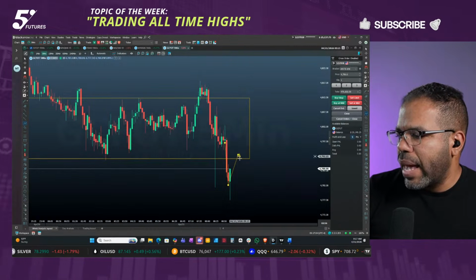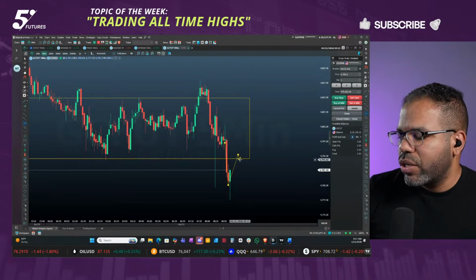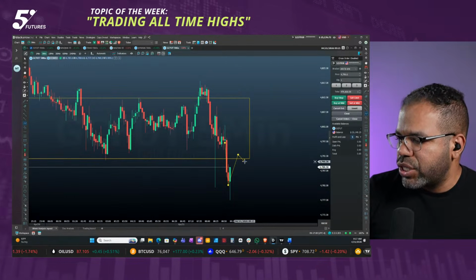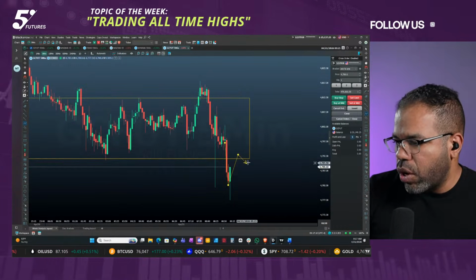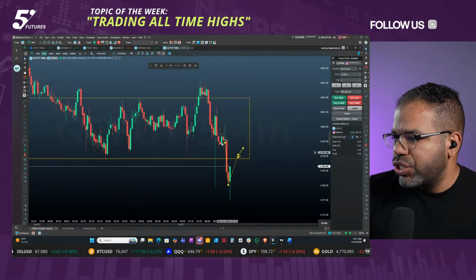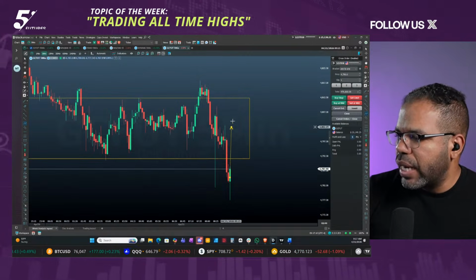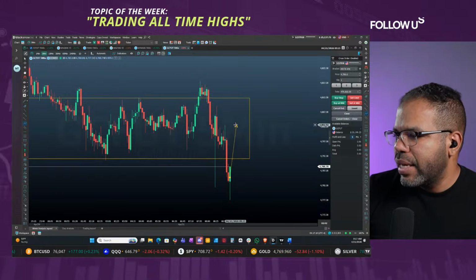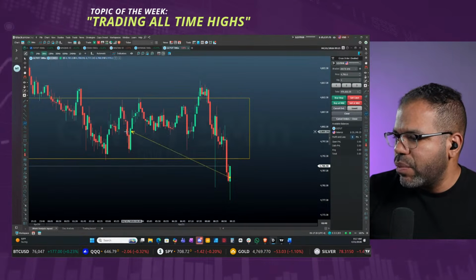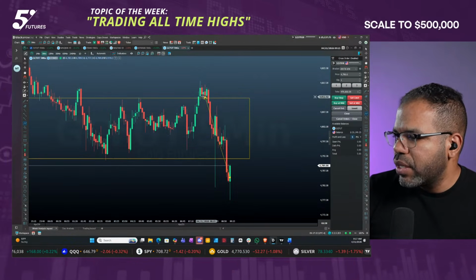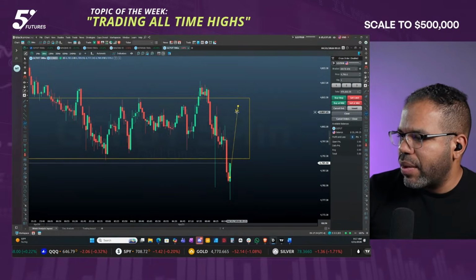Are we able to hold under this? What you would need to see is some quick rejection for a short, or was this just a liquidity grab, and are we going to push and retest either the mid range, or retest those prior highs right now in the short term?